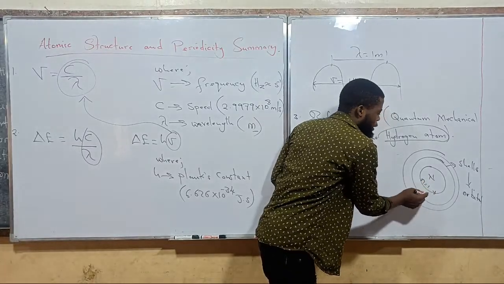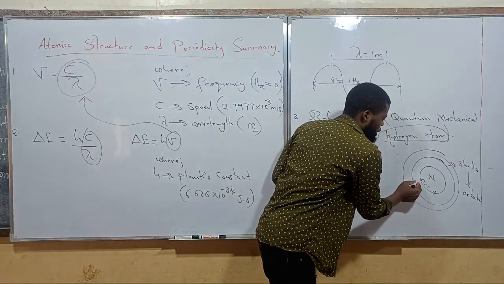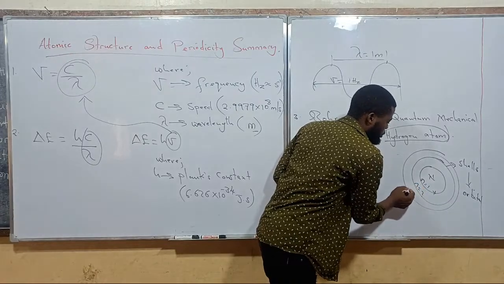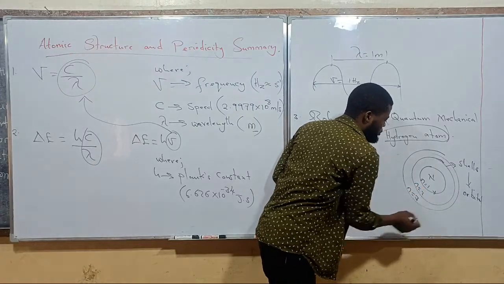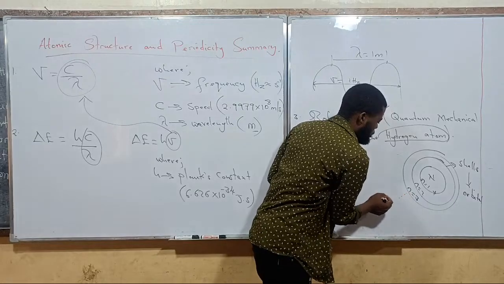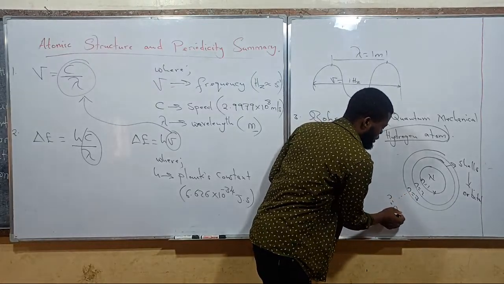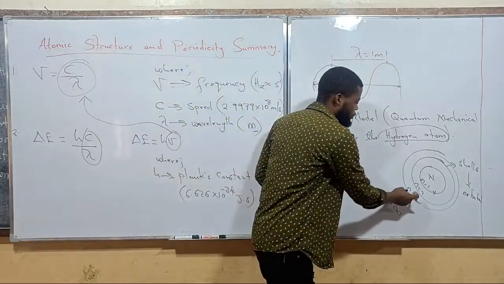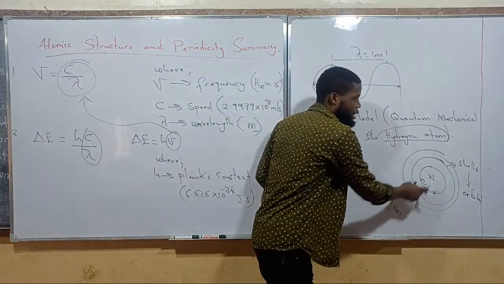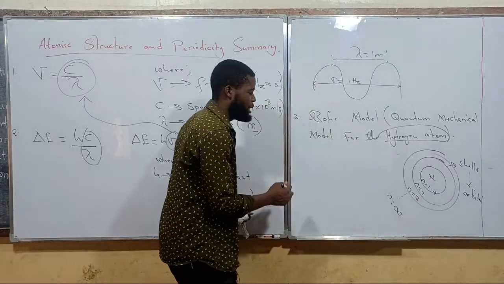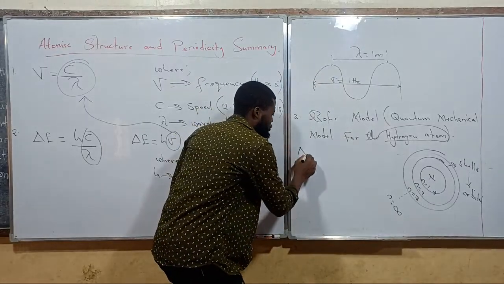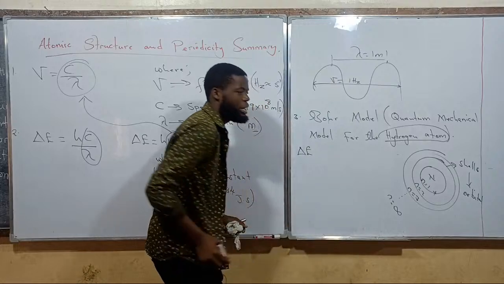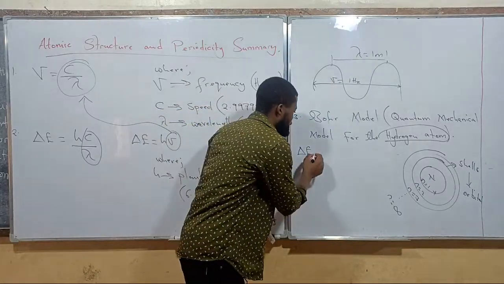The first energy level is n equals 1, the second is n equals 2, the third is n equals 3, going up to n equals infinity. An electron is capable of moving between these energy levels. The energy gained or lost by an electron as it moves from one energy level to another can be calculated using this formula.